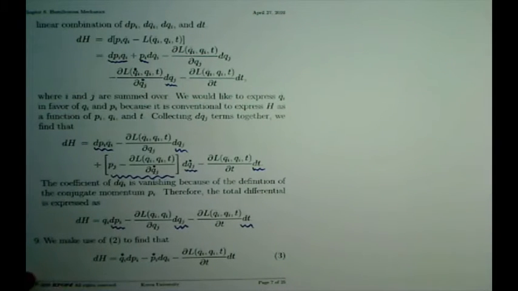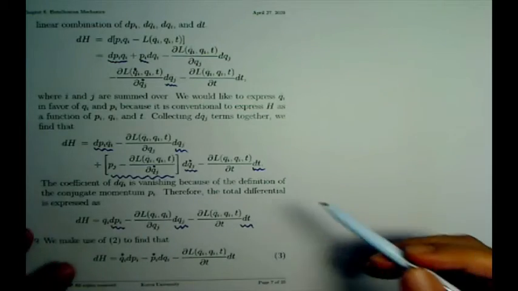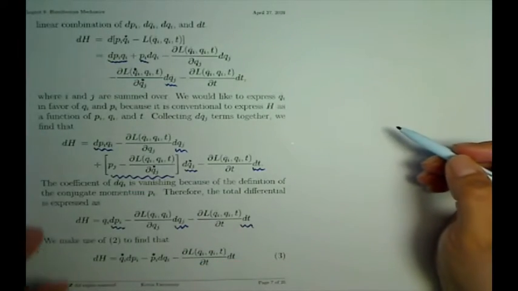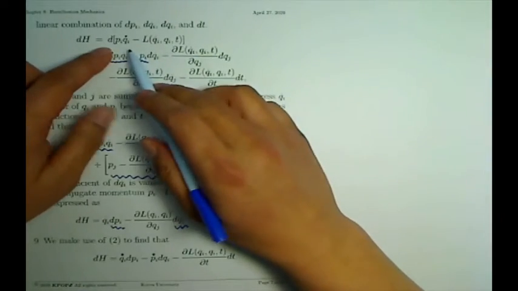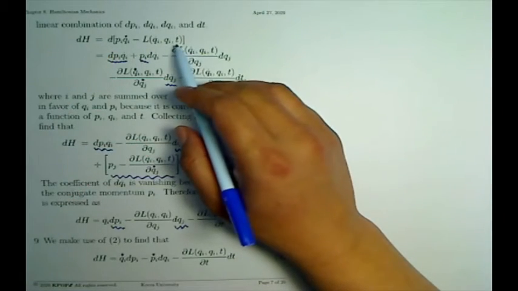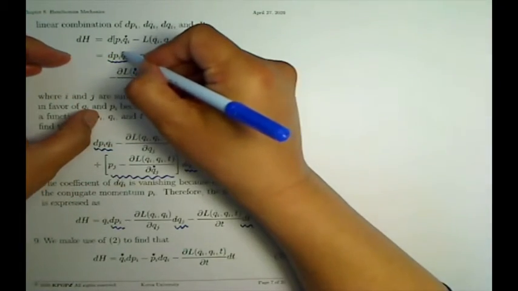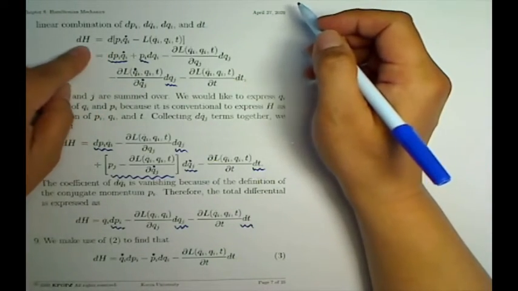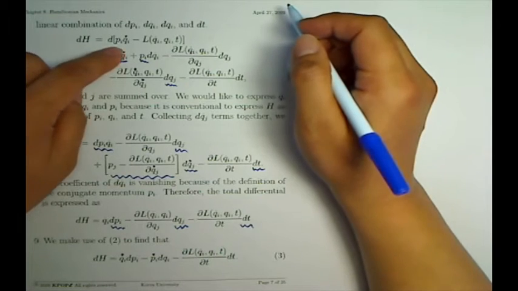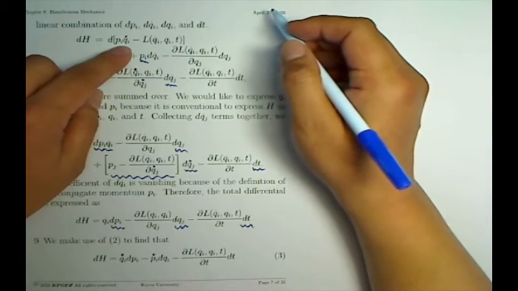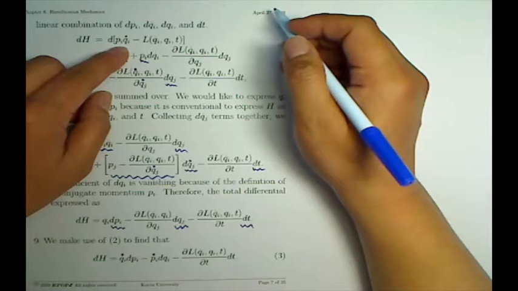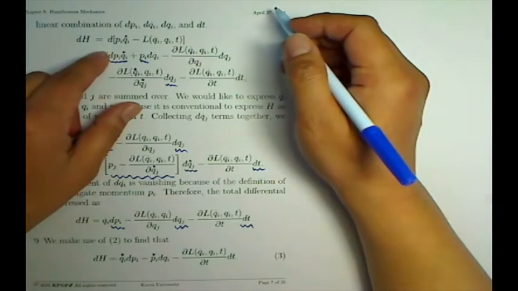Okay, we were considering the Hamilton's equation. We return to the f function before we substitute the qi dot with the qip. The total differential of the Hamiltonian is the total differential of the f function, that is pi qi dot minus Lagrangian. The total differential of a product is differential of p and differential of q dot multiplied by the other vector.